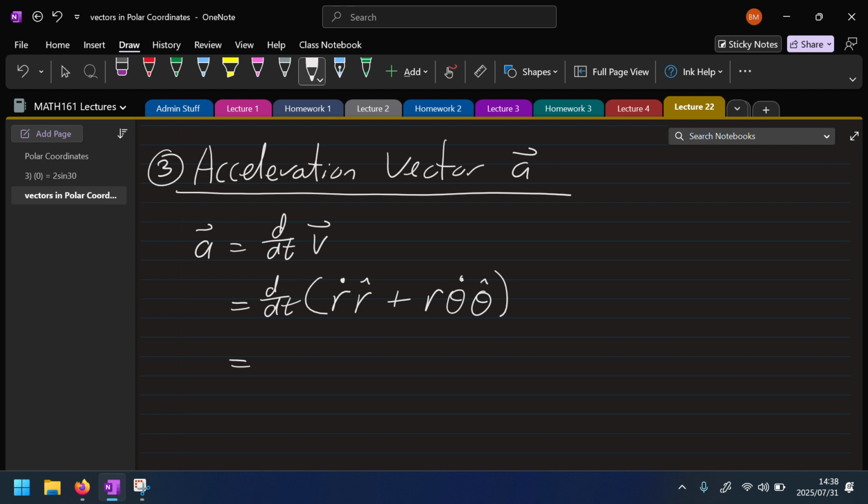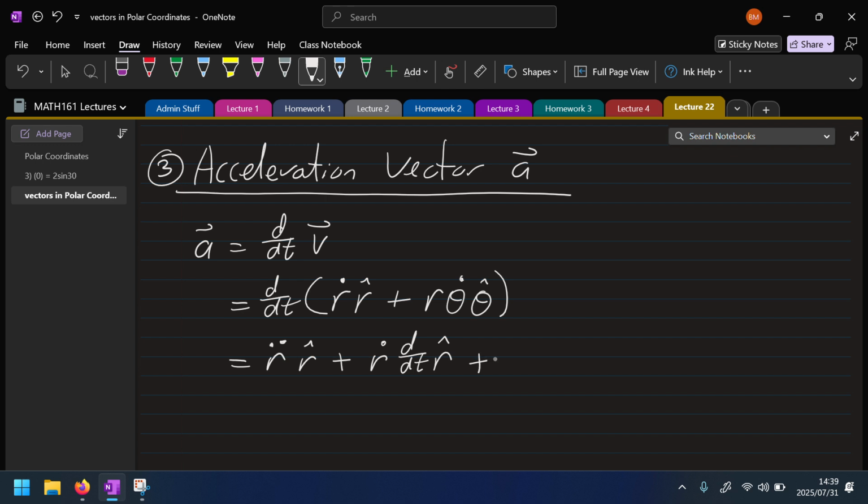So the first thing, that's a product of two functions. We've got to use the product rule. So the derivative of the first one, that's going to be r double dot, right, for two time derivatives, and then r hat. Plus, we leave the first one alone, and then the derivative of the second. So we'll just leave that for now.